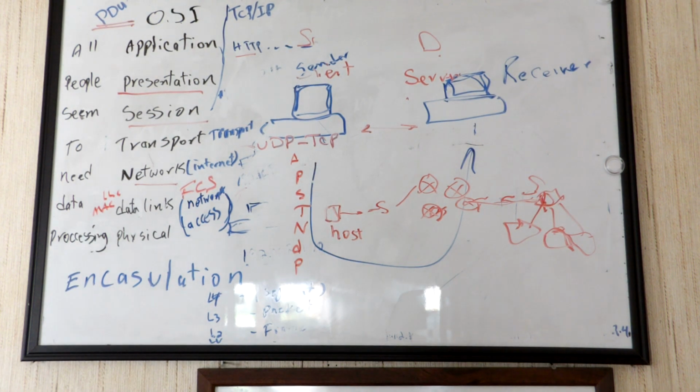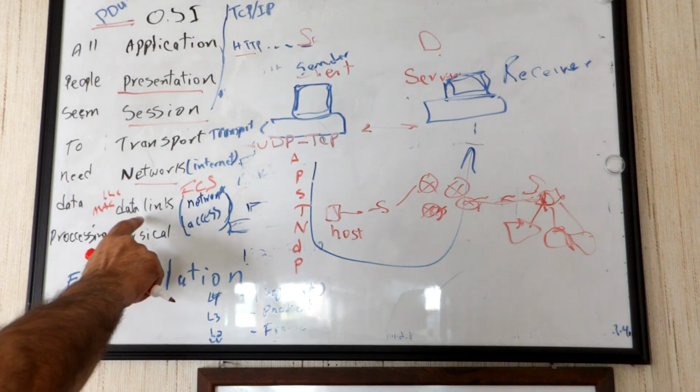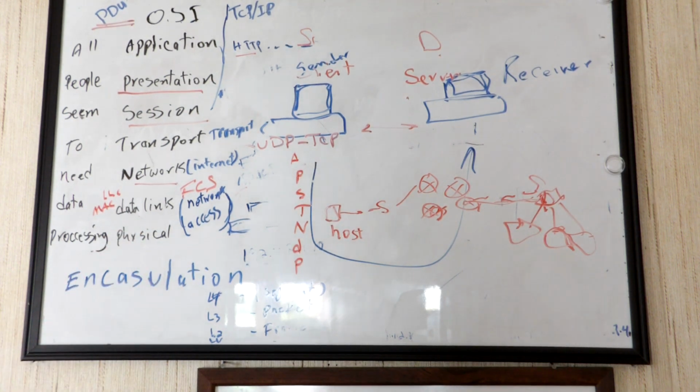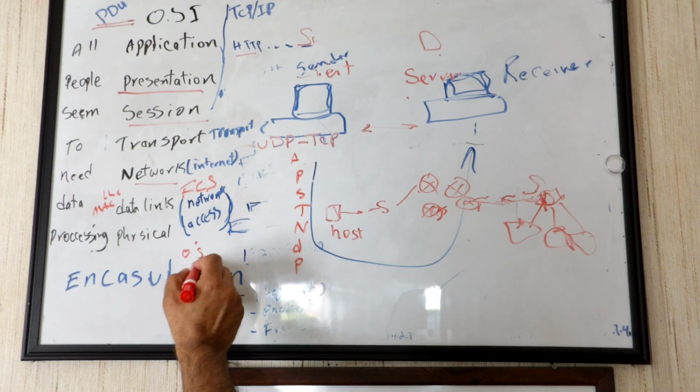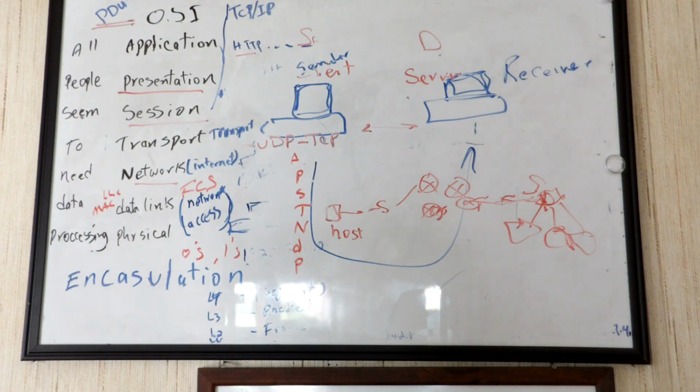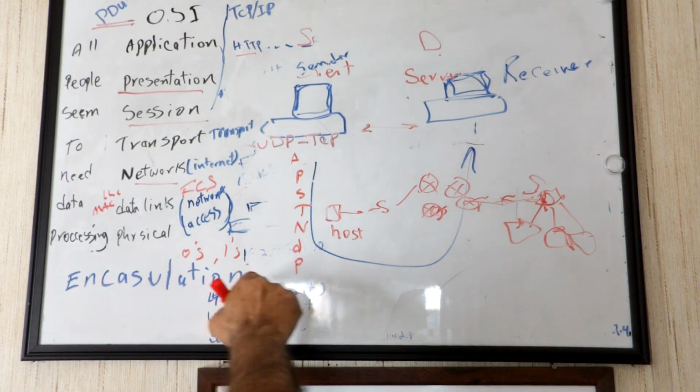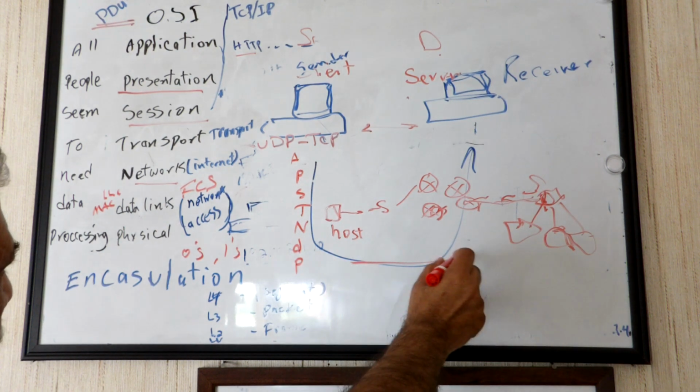What happens here is all the data is converted to signals, zeros and ones, changing from 0 to 1, and passed to the next layer.